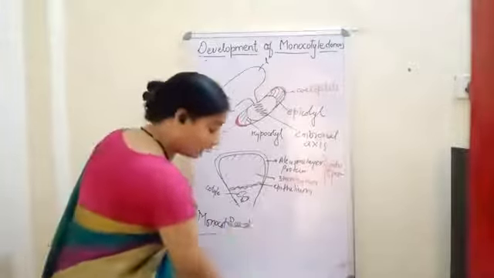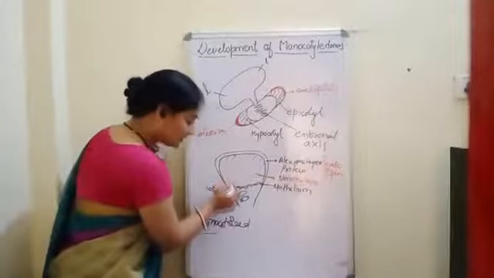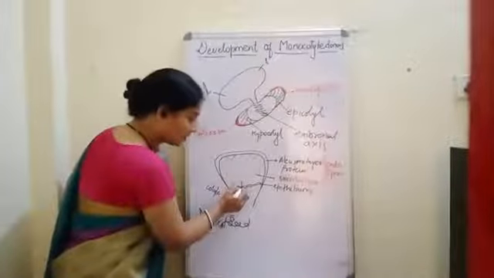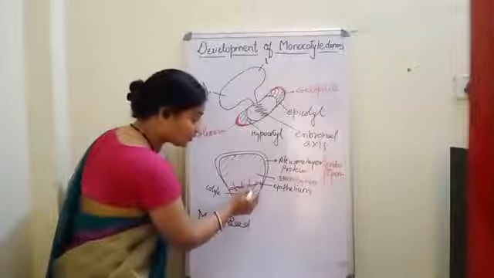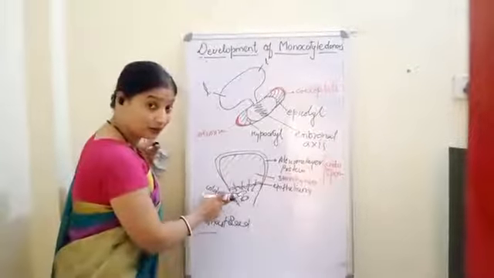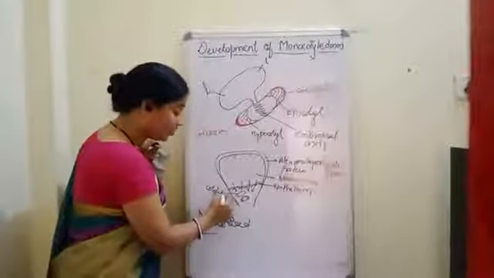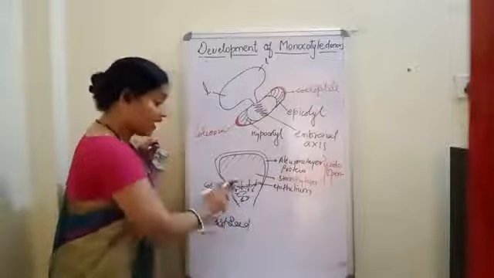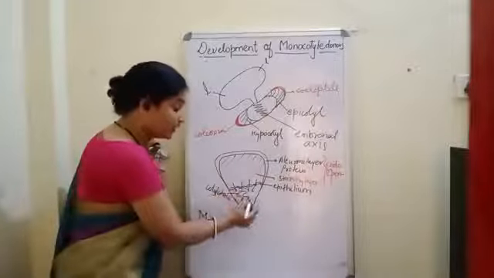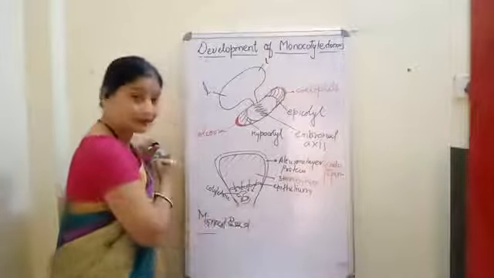Okay, and this nutrient has already been used up. But whatever nourishment or nutrient is given out, secreted by the endosperm, will be absorbed by the cotyledon first, and from the cotyledon it will be given to this embryo.